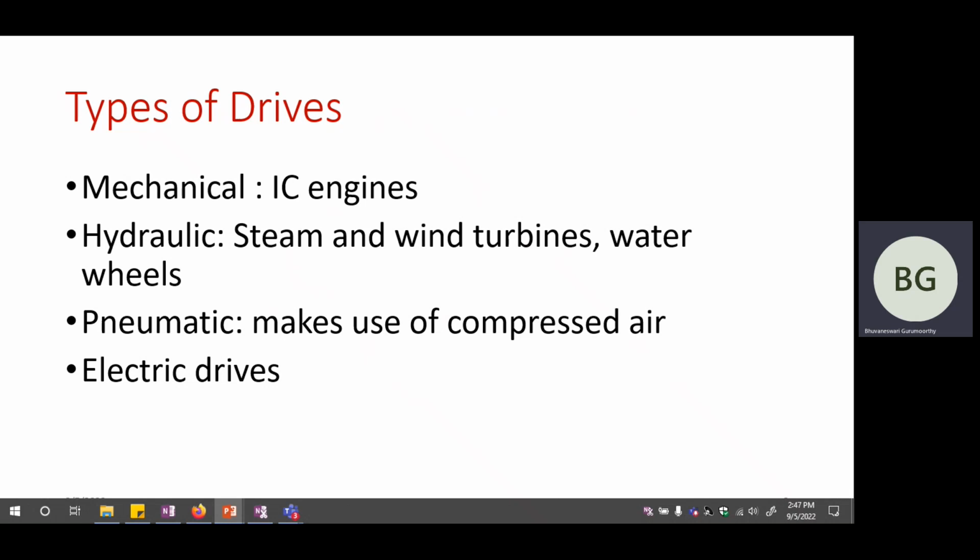Another type of drive that is commonly employed is hydraulic drive. The hydraulic drive mechanism typically is in the form of either steam engine or wind turbine, and hydro turbines that are used in hydropower stations. All of them are hydraulic drives. Hydraulic drives, again, one of the problems could be the leakage of steam or some kind of leakage of water from the water wheels. It cannot be tolerated.